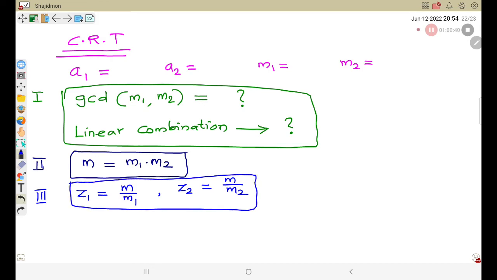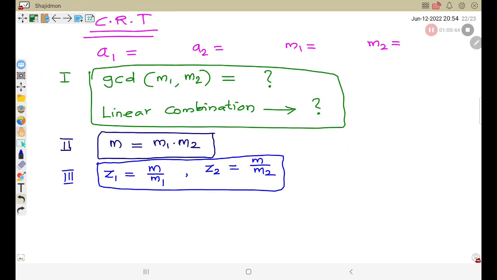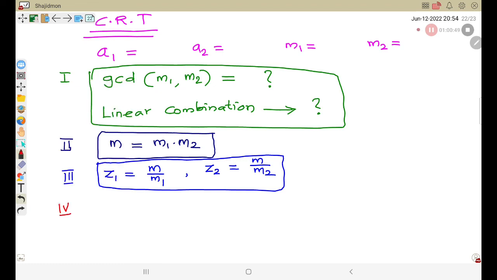I am just writing in order what we did in the question. Now the fourth step: calculate y1, which means Z1 inverse mod M1, and y2, which means Z2 inverse mod M2.